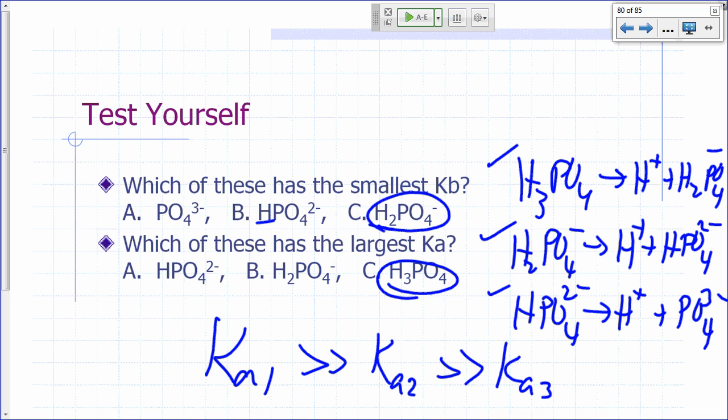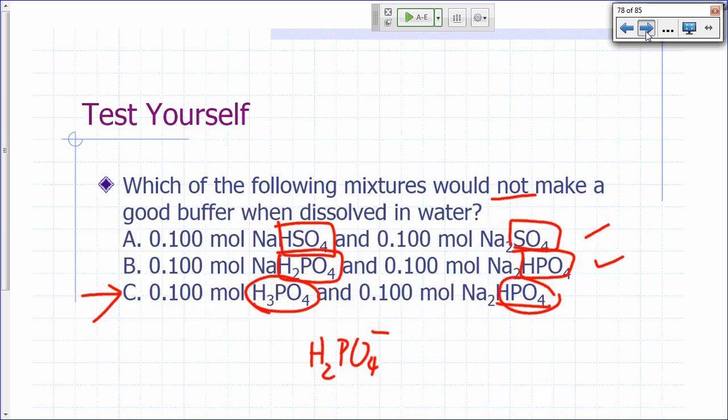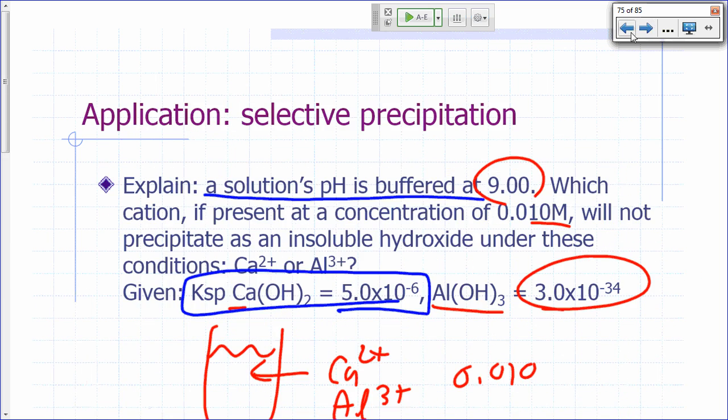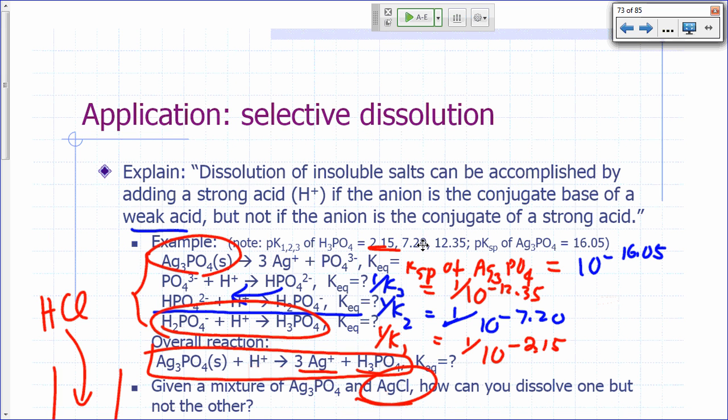Okay, and I think I gave you numbers for phosphate pKa's earlier. Let me see. Right here, phosphate: 2.15, 7.2, and 12.35.